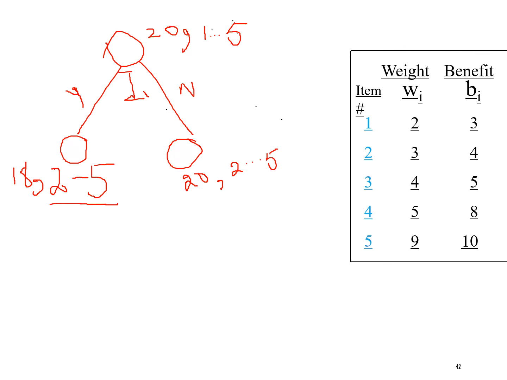If we do not pick item number 1, the remaining capacity would be 20 and the remaining items would be 2 to 5.